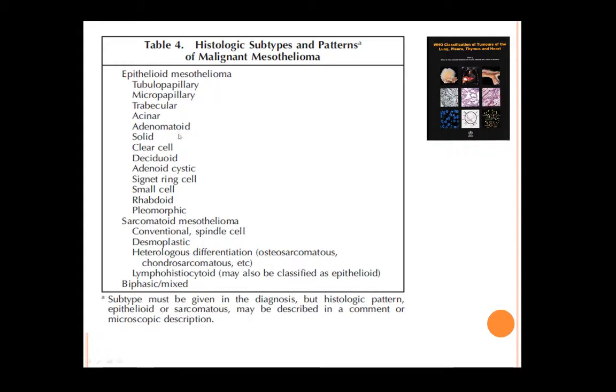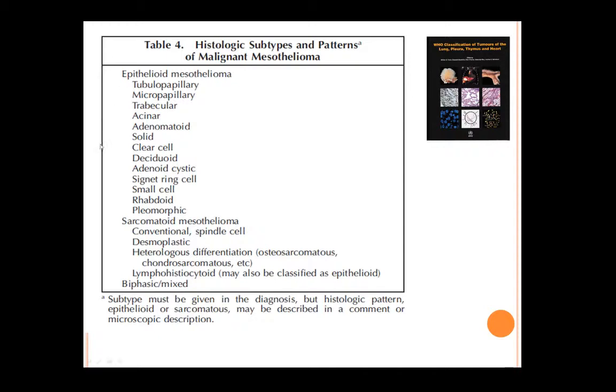However, they describe multiple histologic patterns for each group, and recognition of these patterns is important because some of them can mimic metastatic adenocarcinomas or lymphomas or melanomas, for example.